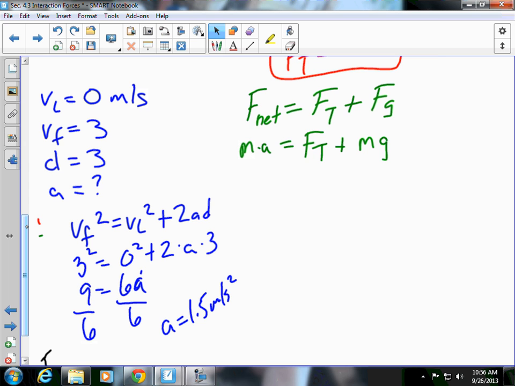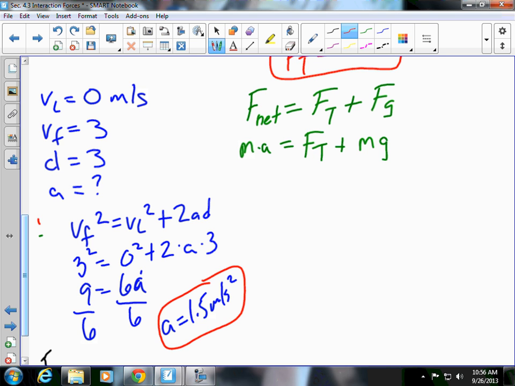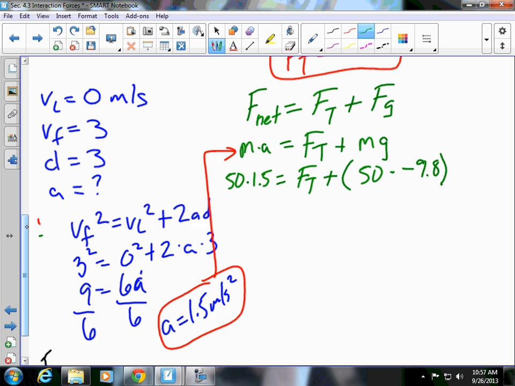Well, what are we going to do? We're going to take this value now and plug it up in here. We're going to do the same exact equation that we had before, except we're going to add in our acceleration. So our mass is 50 times 1.5 is equal to the force of tension plus mass, 50, times, again, gravity's acting in an opposite direction, so it's going to be negative 9.8. 50 times 1.5 is 75.